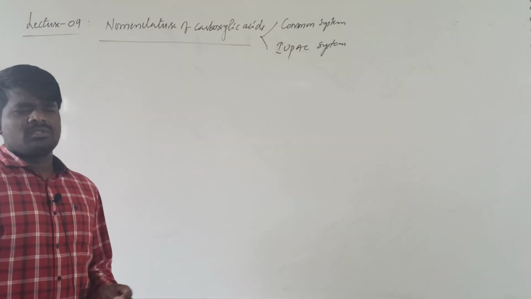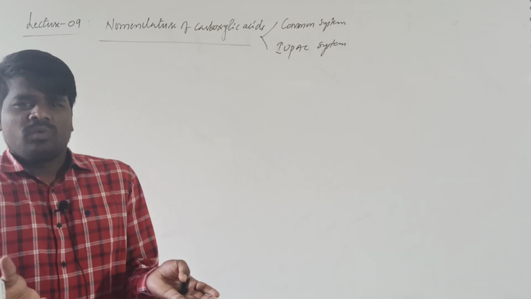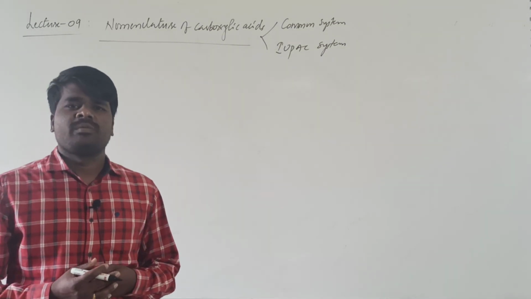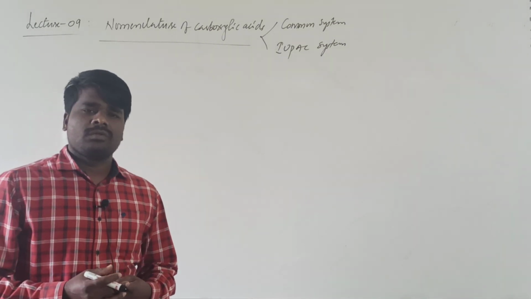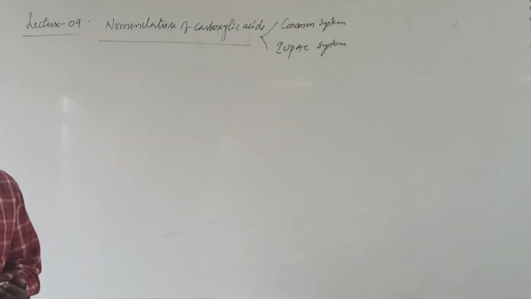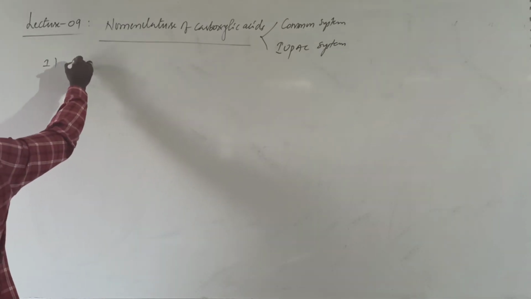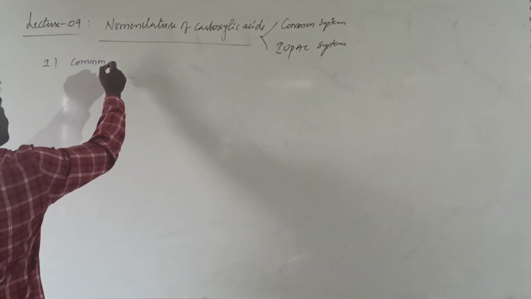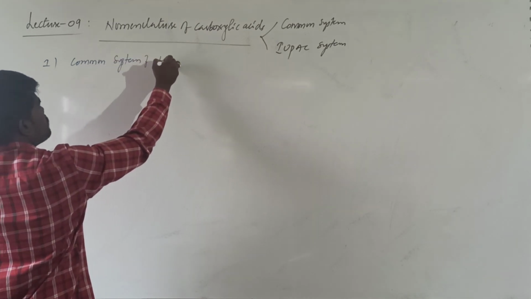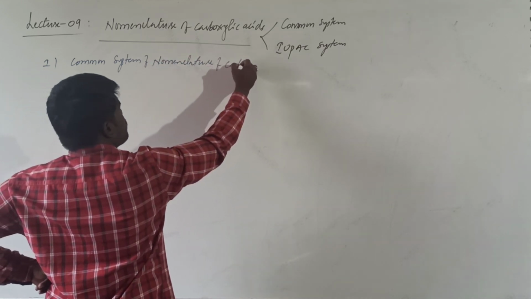Some carboxylic acids are very widely known by their common names rather than their IUPAC names. Since these compounds have been known to human beings from much earlier times, their common names are very famous. So first we will discuss the common system of nomenclature of carboxylic acids.